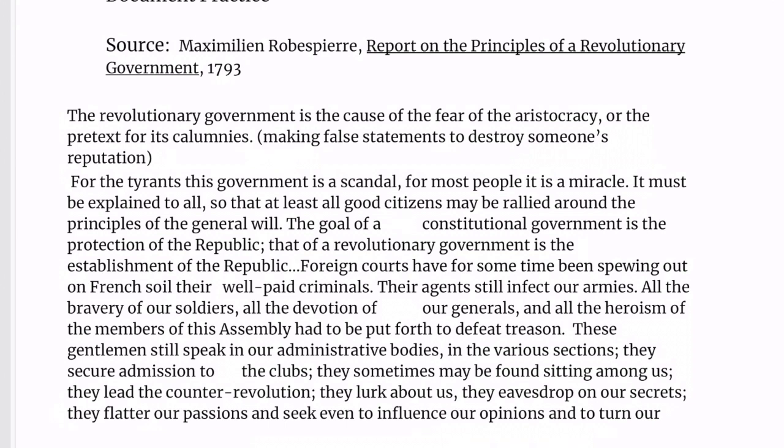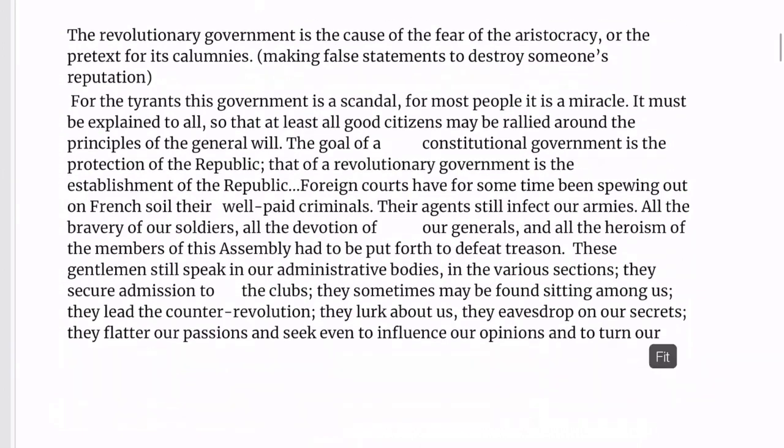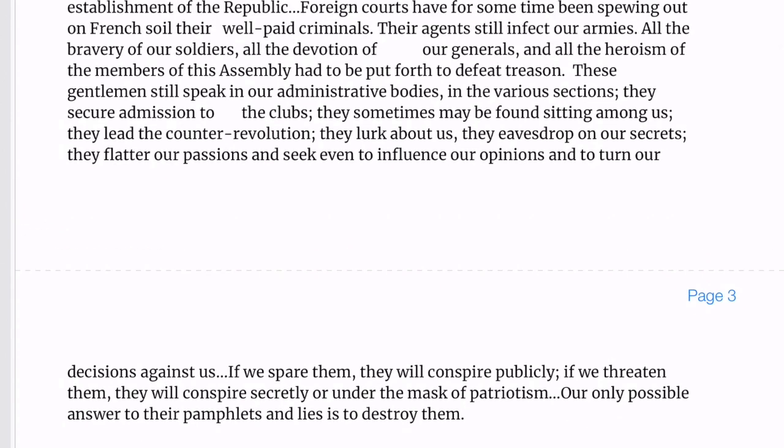They lead the counter-revolution. They lurk about us. They eavesdrop on our secrets. They flatter our passions and seek even to influence our opinions and to turn our decisions against us. If we spare them, they will conspire publicly. If we threaten them, they will conspire secretly or under the mask of patriotism. Our only possible answer to their pamphlets and lies is to destroy them.